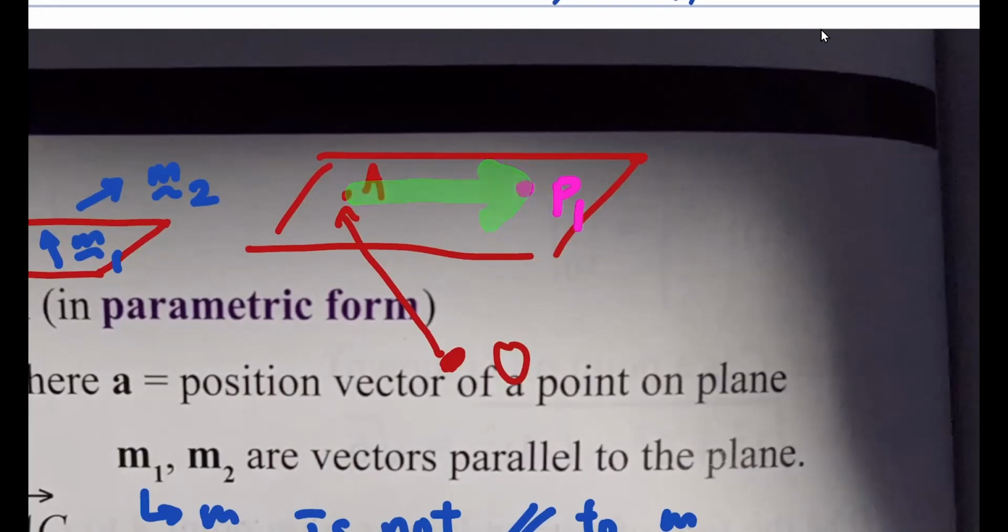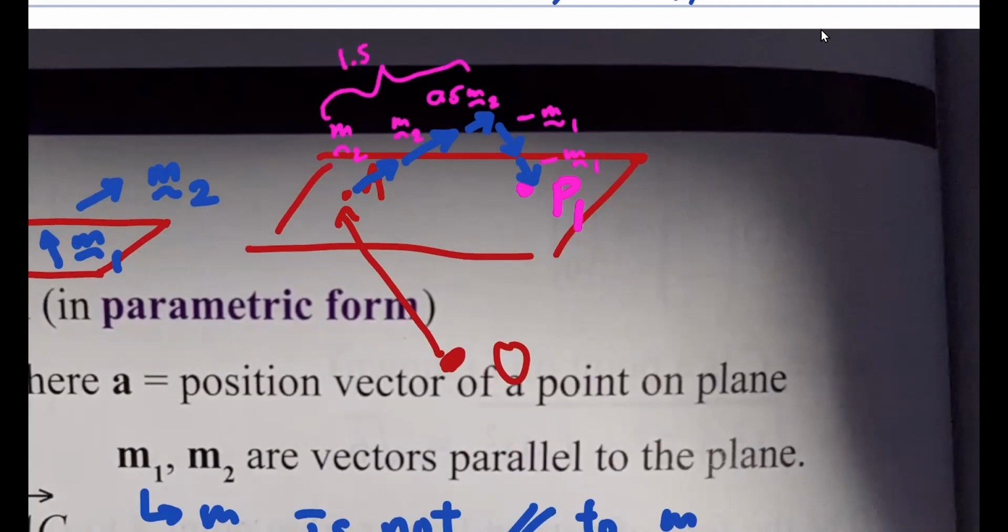But you could also think about it like this: you add on a copy of M2, another copy of M2, and then half a copy of M2, and then you go -1 copy of M1 and another -1 copy of M1. At the end of the day, it's really just a scalar multiple of M2, 1.5 M2, and a scalar multiple of M1, -2 copies of M1.